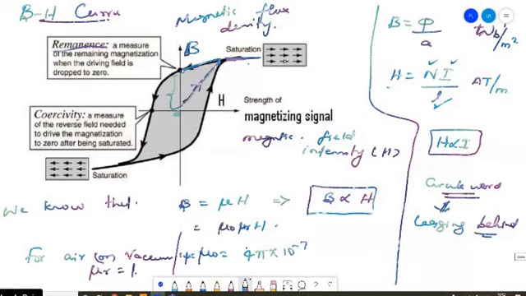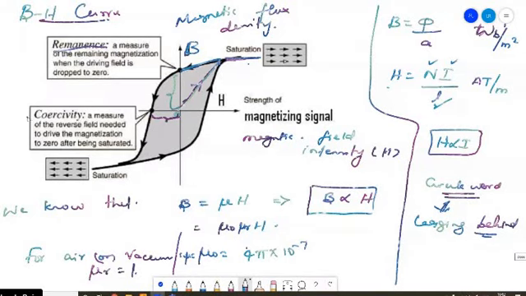And then, how to eliminate this? For that, you need to apply this force in the negative direction. That is how you can actually eliminate this. When you take this height in the negative direction, by reversing this I, you will notice that at a particular point, this B also becomes 0.